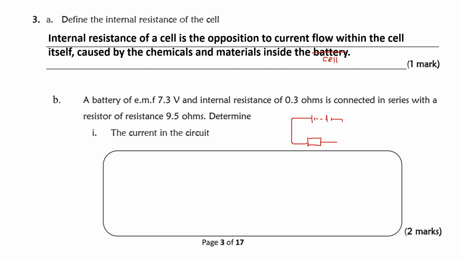Such that the battery itself has an internal resistance, small r, of 0.3 ohms. And this is connected to another resistor, usually called the external resistor, in series, of 9.5 ohms.